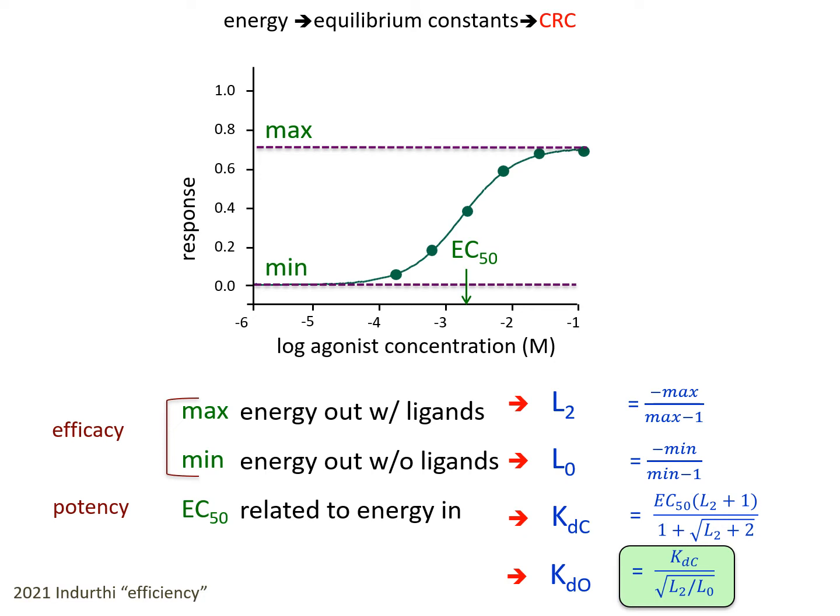L0, the constitutive gating equilibrium constant, is a function only of the minimum. KDC, the low affinity binding constant, is a function of EC50 and the maximum, and KDO is a function of everything, all 3 parameters, and the green equation. So you can get all 4 constants from a simple fit of a Hill equation to a dose-response curve.